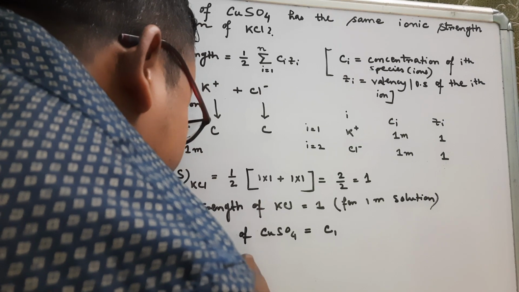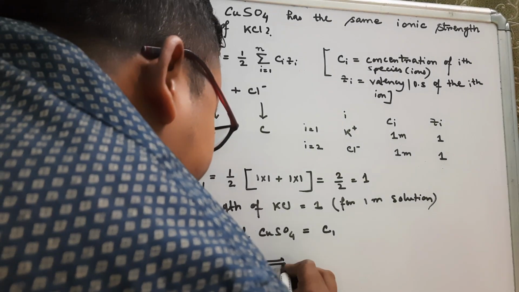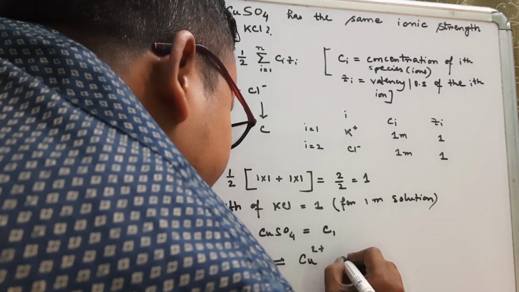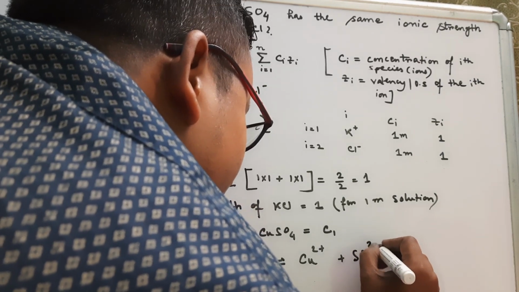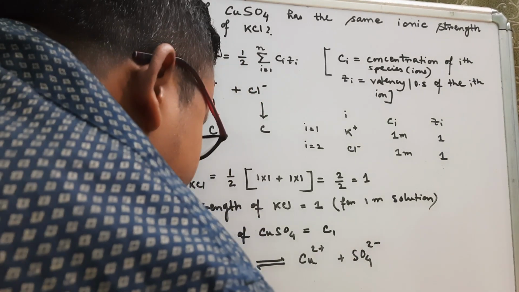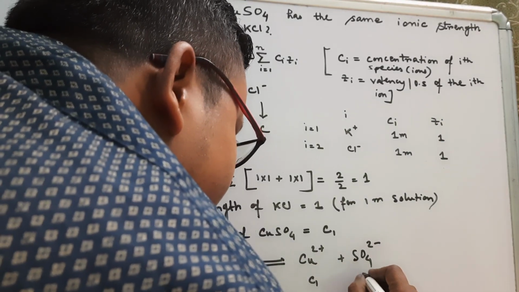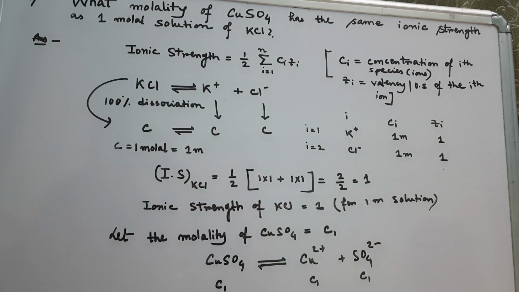Copper sulfate, when it dissociates, dissociates like this: Cu double plus and SO4 double minus. So if the concentration of copper sulfate is C1, the concentration of copper double plus is also C1, and sulfate double minus is also C1.